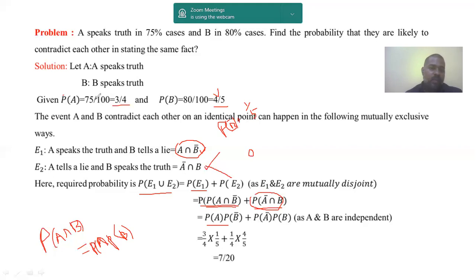Similarly, A is saying truth 3 by 4 times, then saying lies is the probability of A complement, which is 1 by 4. So the probability of A complement, A bar, is equal to 1 by 4.